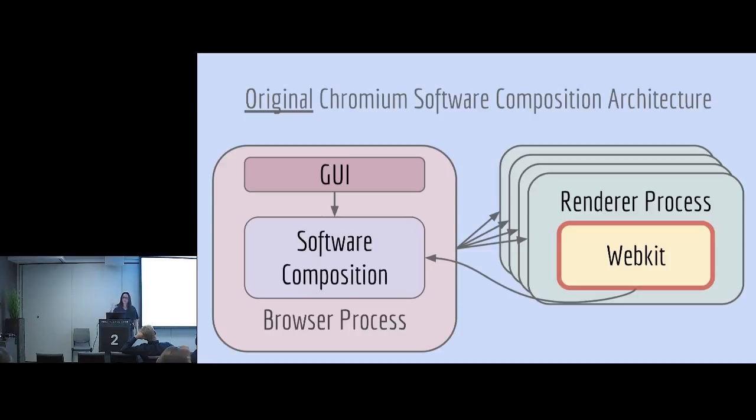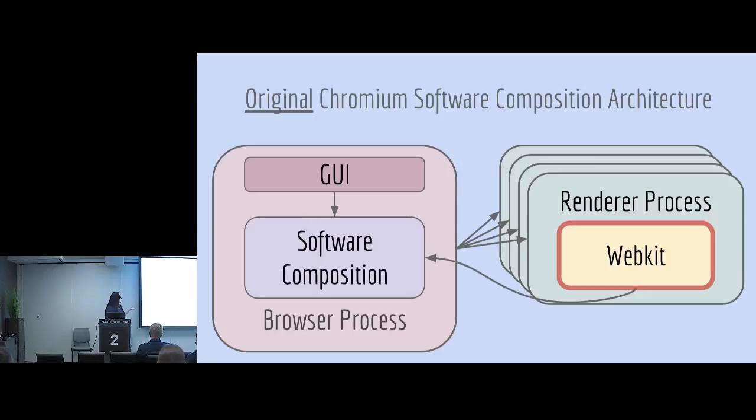And in the original Chromium, the architecture looked a little bit like this. So Google decided to put WebKit in its own process. And the reason for this is a little bit that they didn't have control over the stability of WebKit. WebKit could crash. And putting it in its own process meant that if it crashed, it could be restarted without bringing down the whole browser.